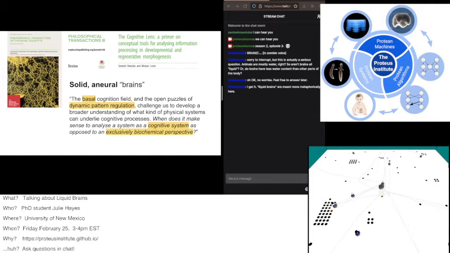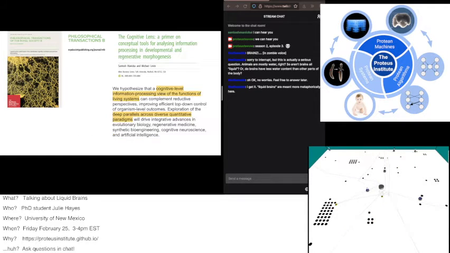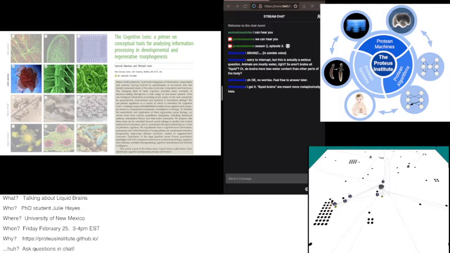Okay, cool. And then Santosh and Mike asked this really useful question that I'm also going to take and run with. Remember, they're thinking about solid aneural brains. So what are solid aneural brains that they think about? Like, how does a frog make its body, the whole rest of the body, not just the brain?